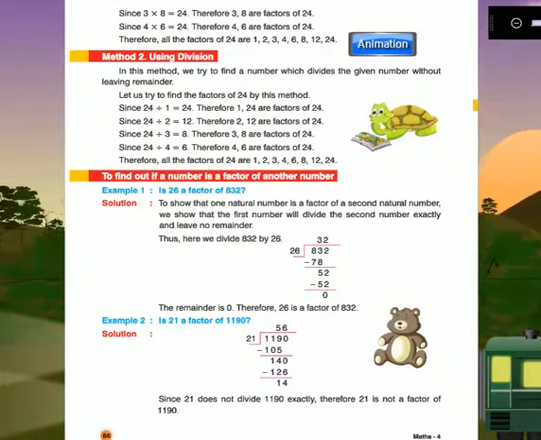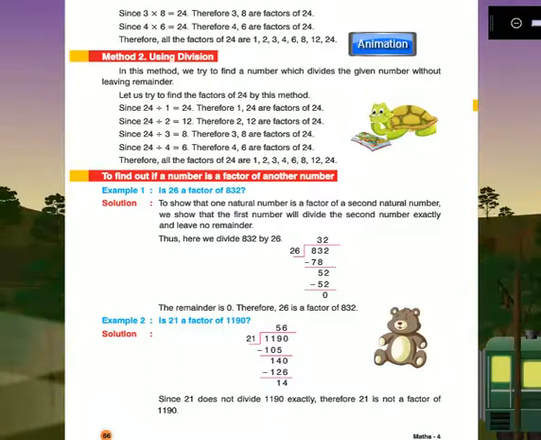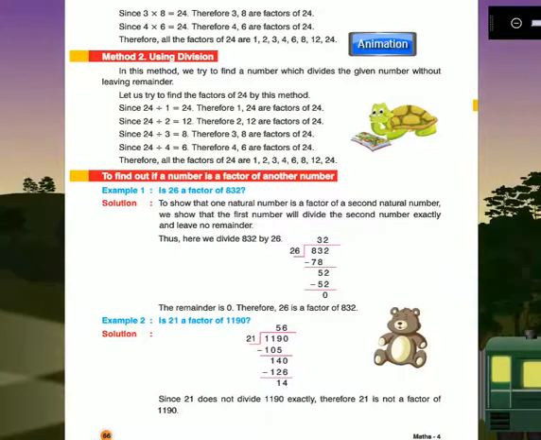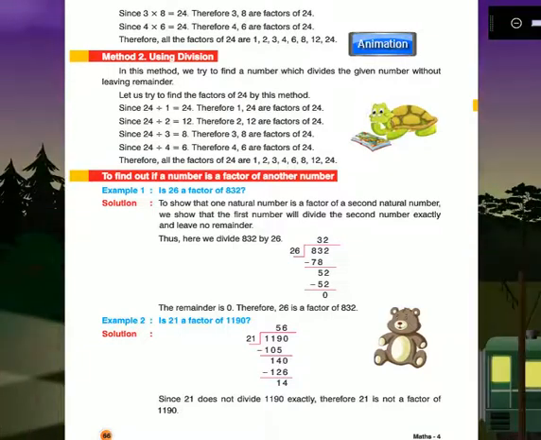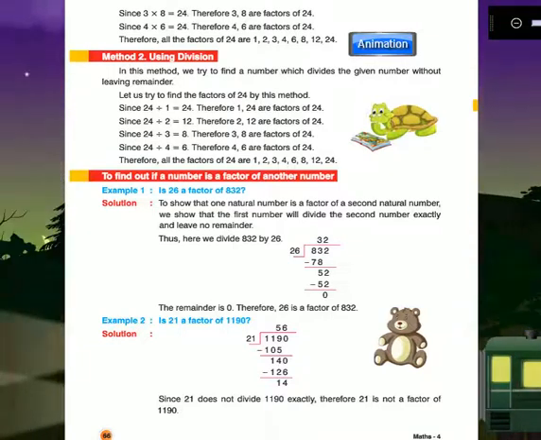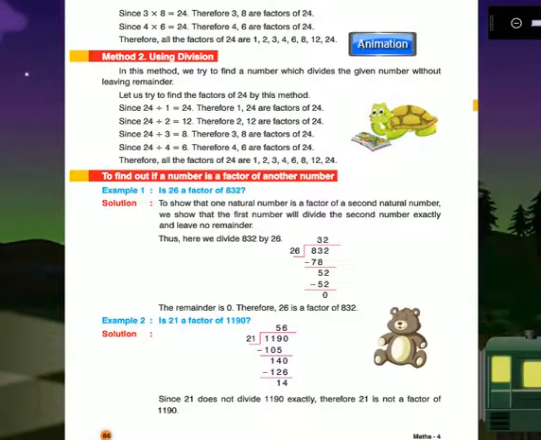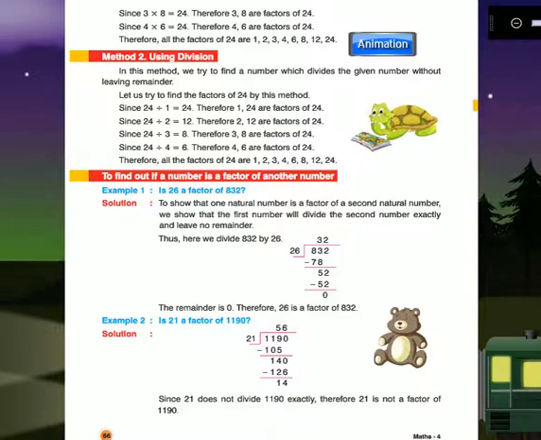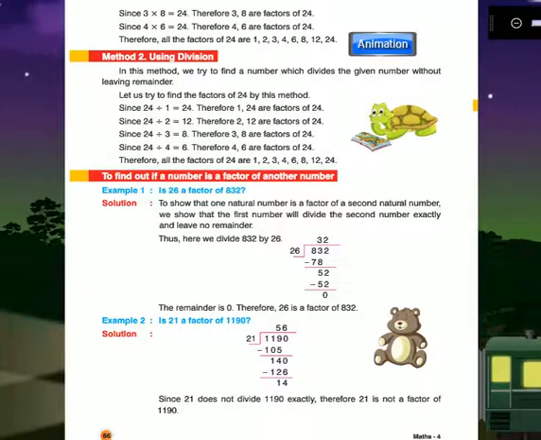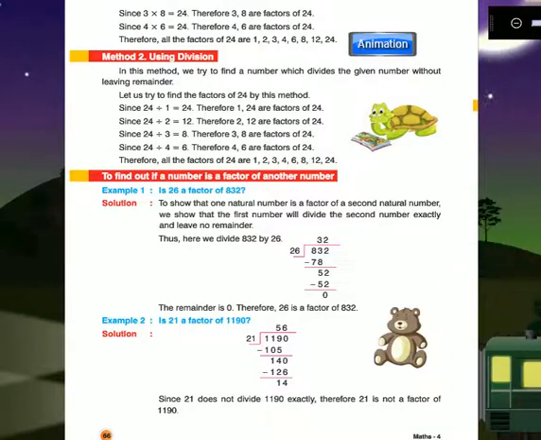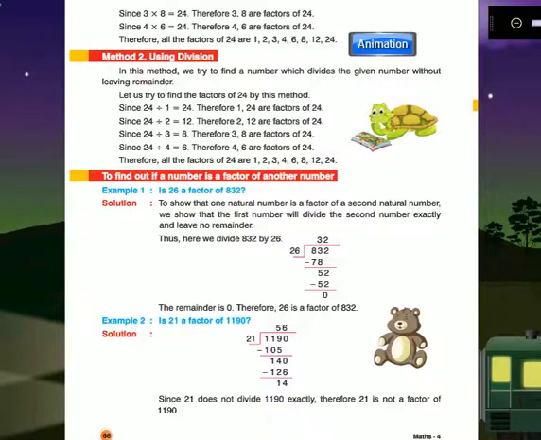Method 2, using division. In this method, we try to find a number which divides the given number without leaving a remainder. Let us try to find the factors of 24 by this method. Since 24 divided by 1 is 24, therefore 1 and 24 are factors of 24. Since 24 divided by 2 is 12, therefore 2 and 12 are factors of 24.